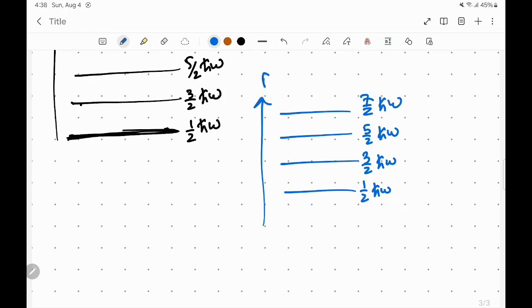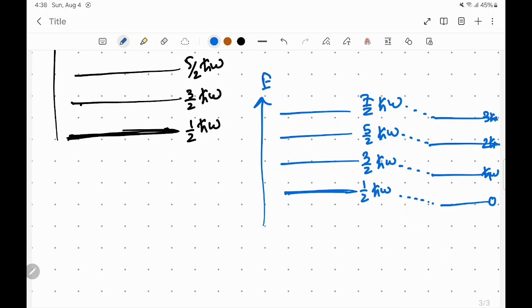We can rescale, because these levels are all relative. Each energy level we have just shifted down by half h cross omega. Then it will be 0, h cross omega, 2 h cross omega, 3 h cross omega, and so on. For our simplicity, we did this.